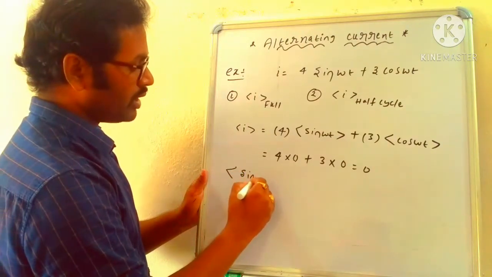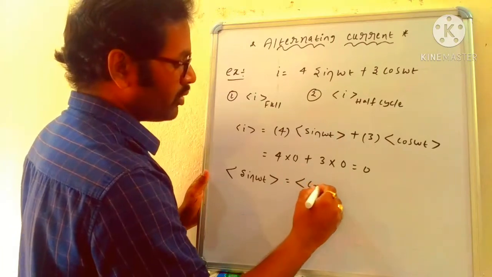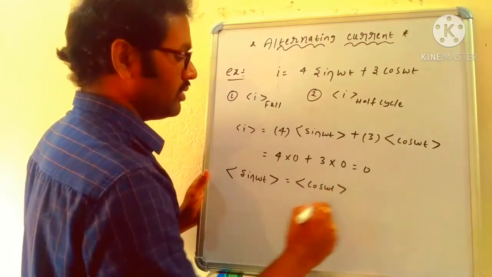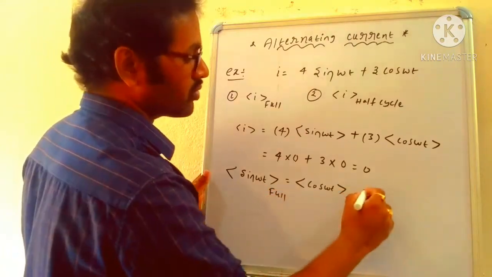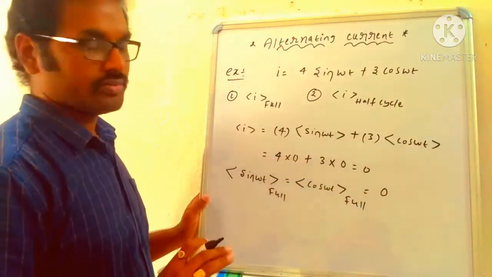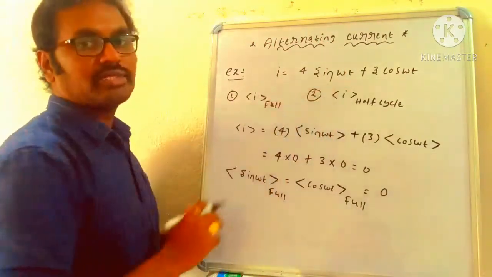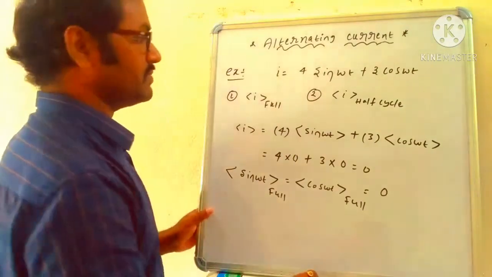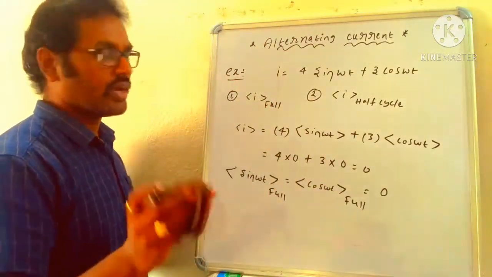The average value of sin omega t, the average value of cos omega t for the full cycle is always equal to how much? 0. It is always 0. And the second case is what is the average value for the half cycle? Let us see. Is it okay? For the full cycle, the answer we got, average value 0.